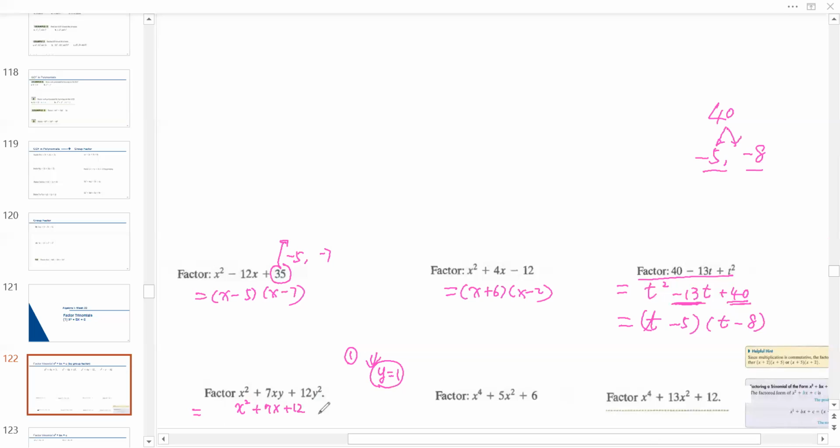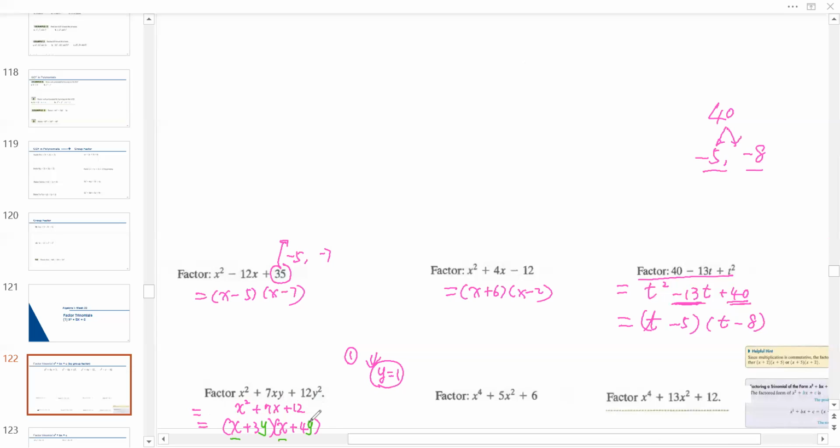Right? So right now we can factor this one easily. This one can be factored into 3 and 4, right? X plus 3, x plus 4. Right? So right now we put y back. Right here. So we can check this way.